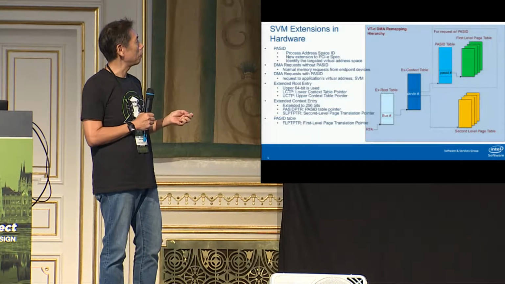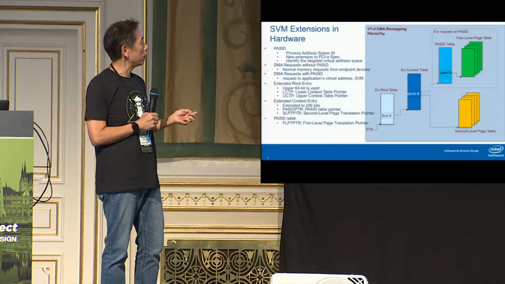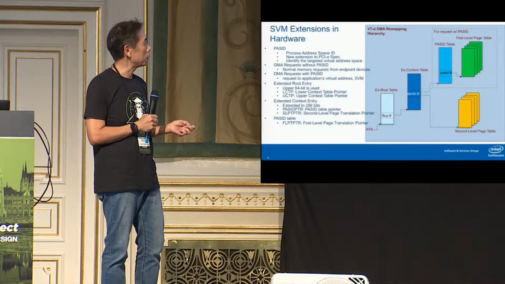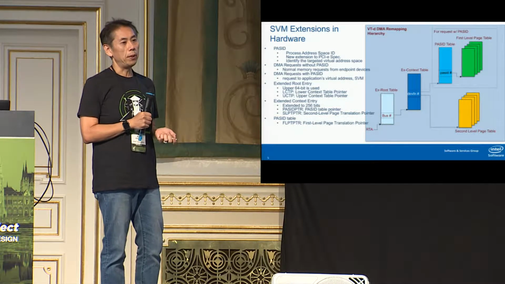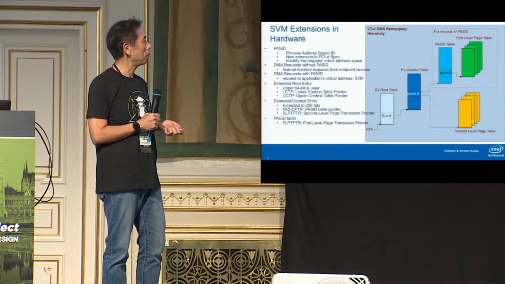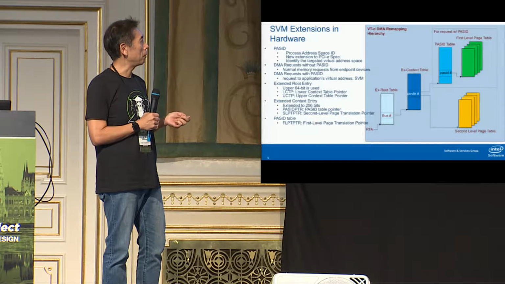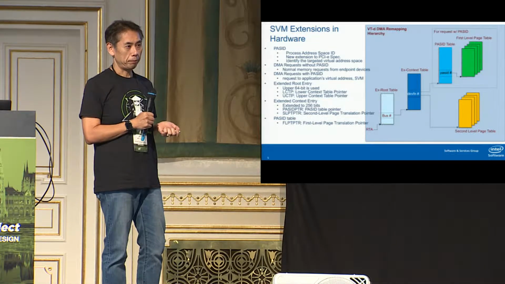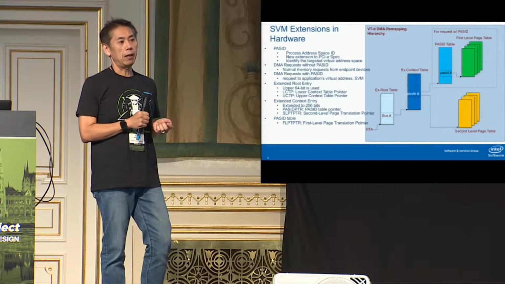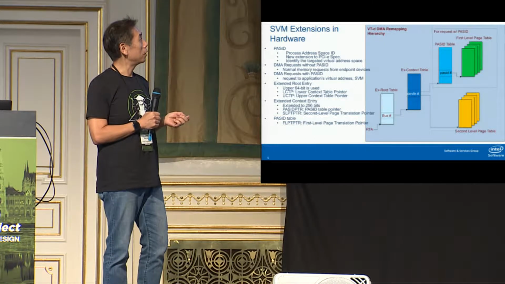Today, each index entry has a pointer pointing to this second level page table. You will find why we call it second level, but this is basically the IOMMU page table, okay?